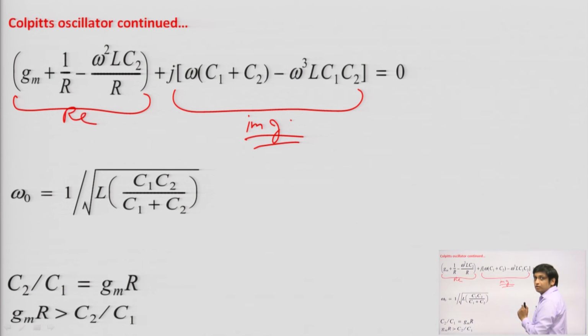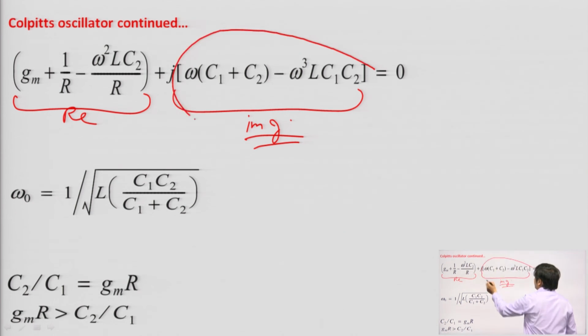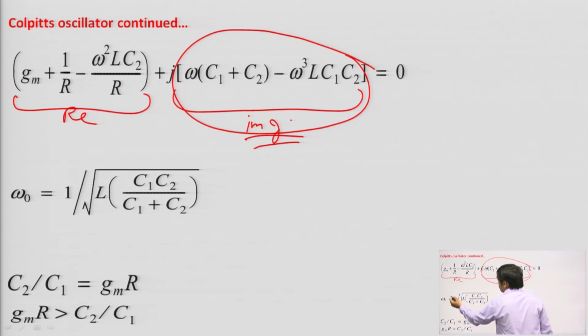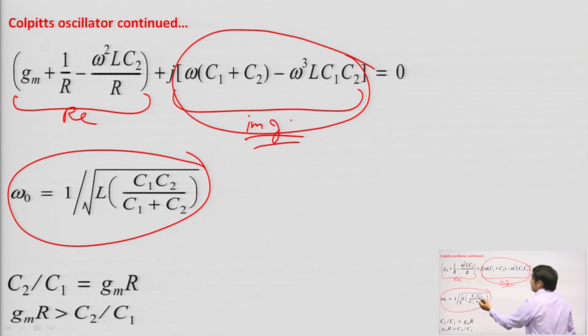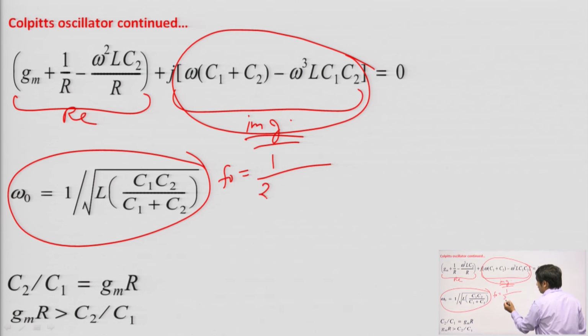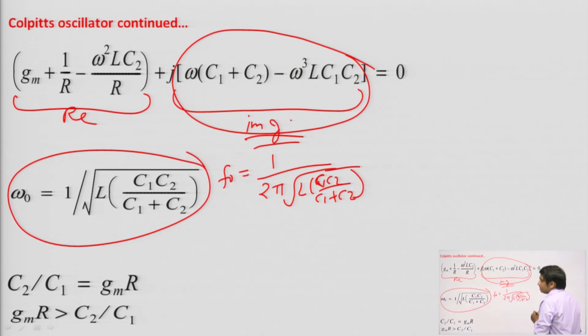If we put the imaginary part equal to 0, we will get omega naught equal to 1 upon root of L into C1 C2 upon C1 plus C2. So, from here F naught will be 1 upon 2 pi root of L into C1 C2 upon C1 plus C2, fine.